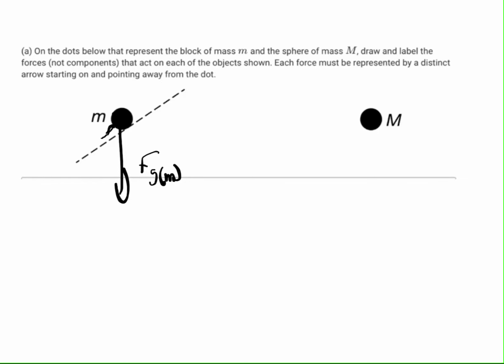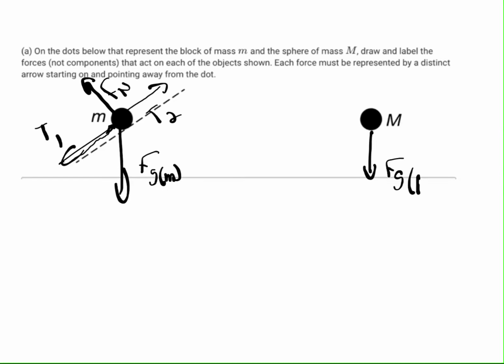He has T1 that way. He's got T2 acting this way, and Fn acting that way. Over here, we have the force of gravity acting on big M, and we have T2. And that's it. A is reasonably simple.